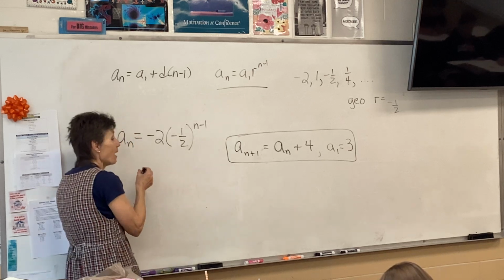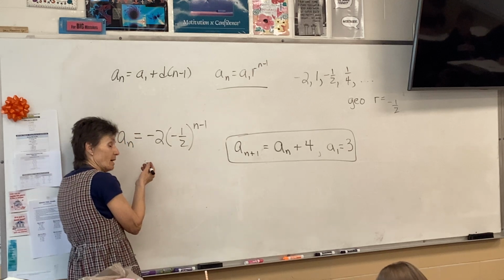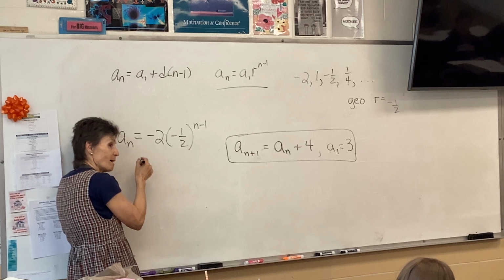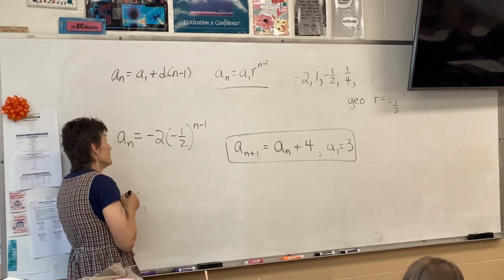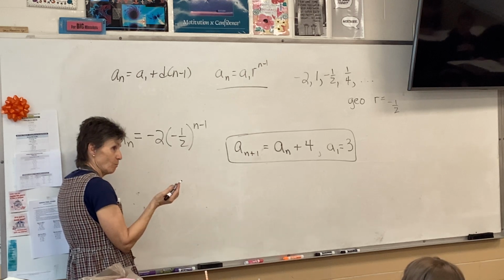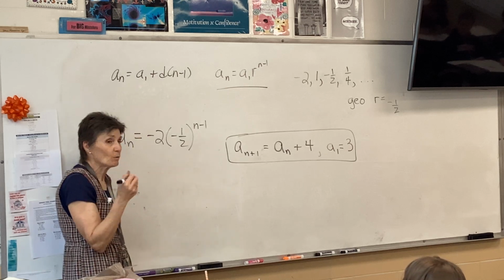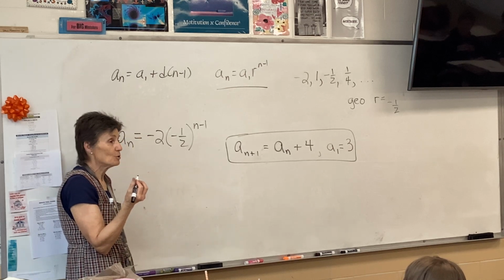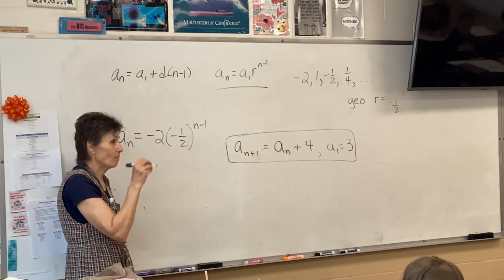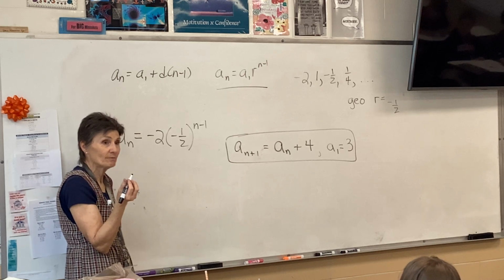So this is my explicit formula. Now I need my recursive formula. Well, it looks confusing when you write it, but you've already told me what's going on. You said that I just keep multiplying by negative 1/2.